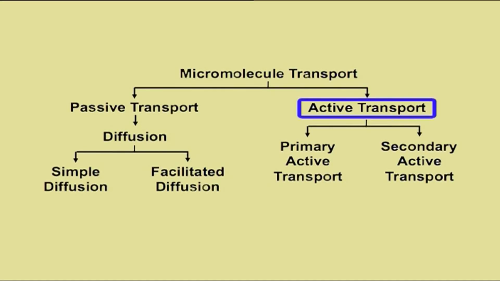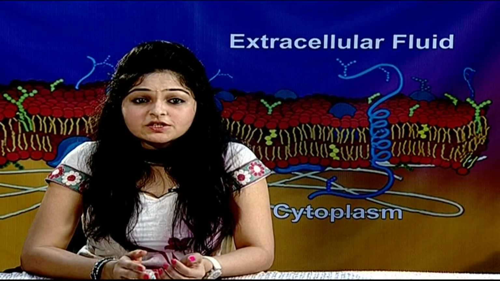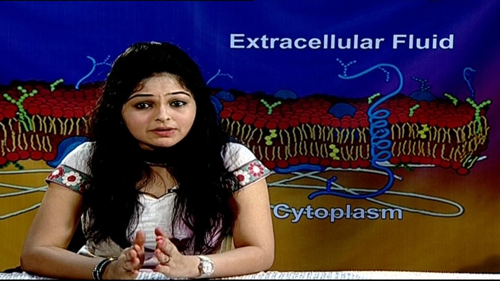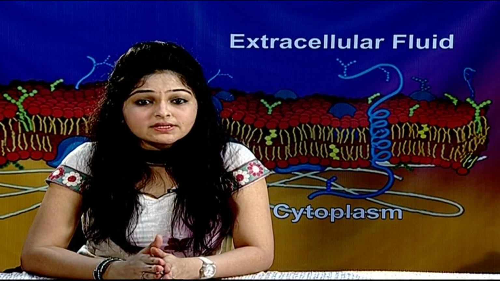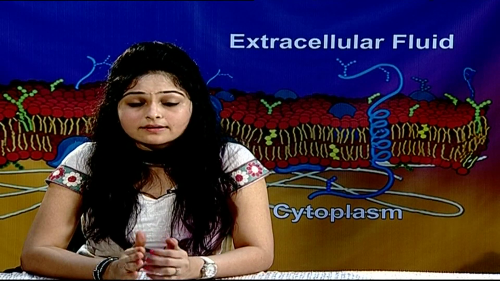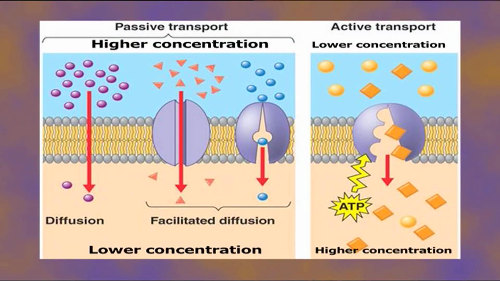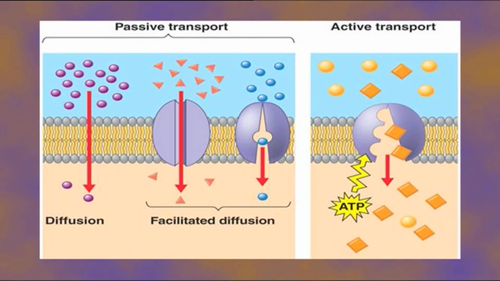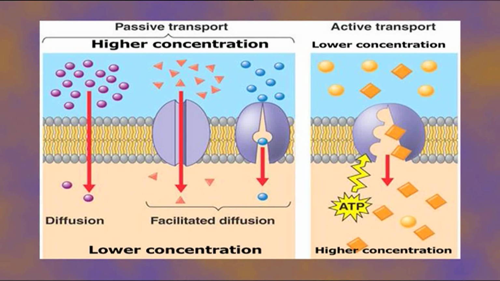Number 2. Active transport. Let us first compare active and passive transport as well as see the difference between primary and secondary active transport. Two things distinguish active transport from passive transport mechanisms. First, active transport can move substances against their electrochemical gradients, and second, active transport requires the expenditure of energy.